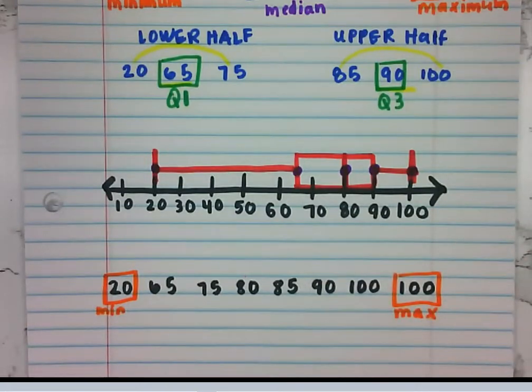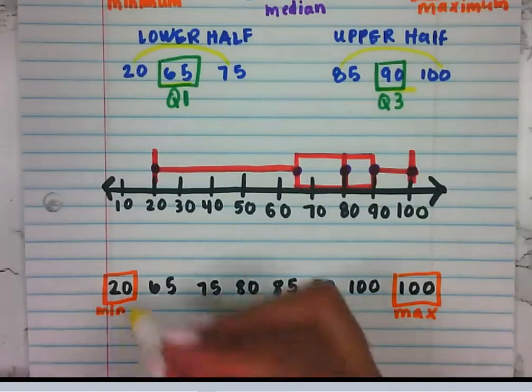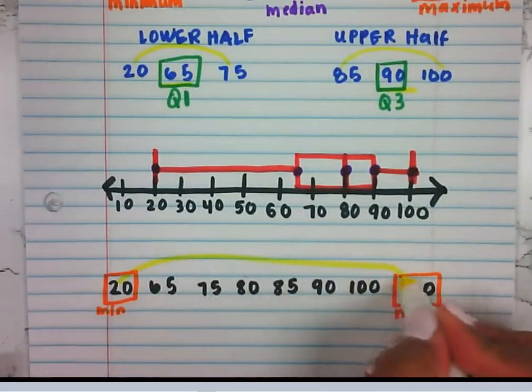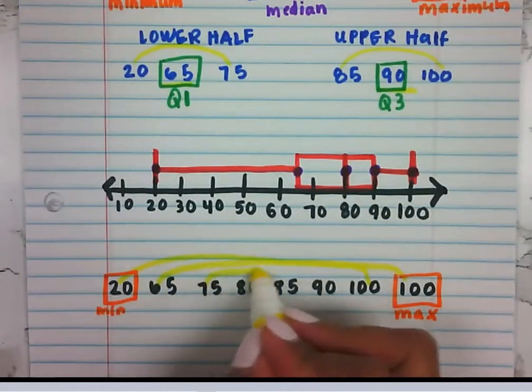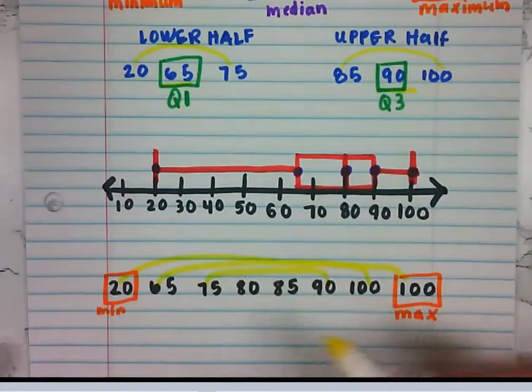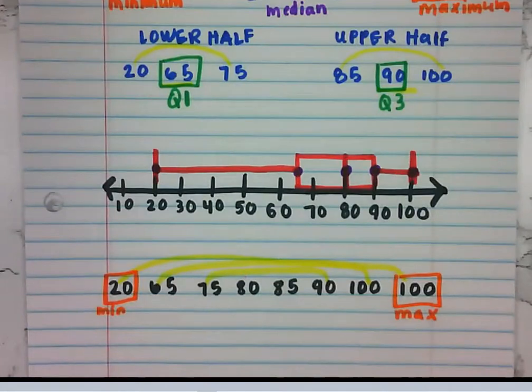Our median is going to be a little bit different because we have more numbers. So 20 and 100, 65 and 100, 75, 90, and we're left with 2 numbers in the middle. Now, how do I find my median when I have 2 numbers in the middle? Y'all know how to do this.